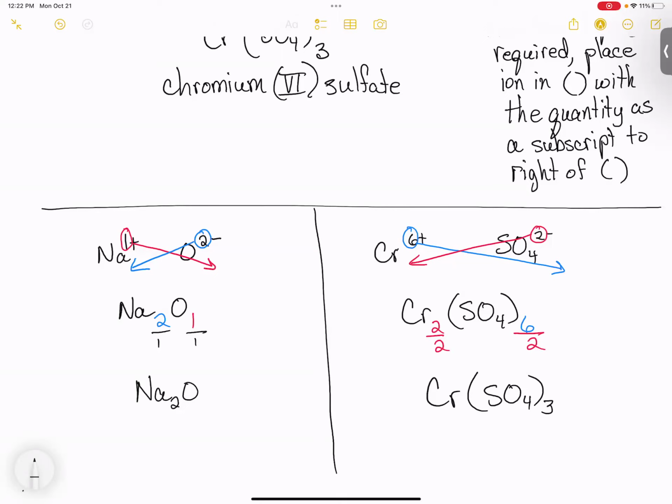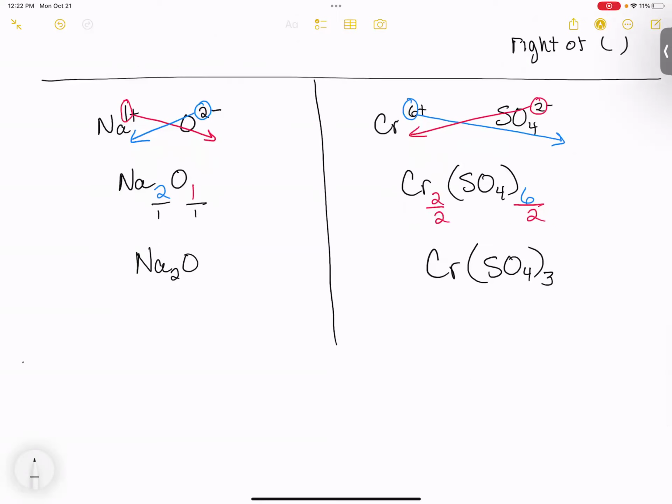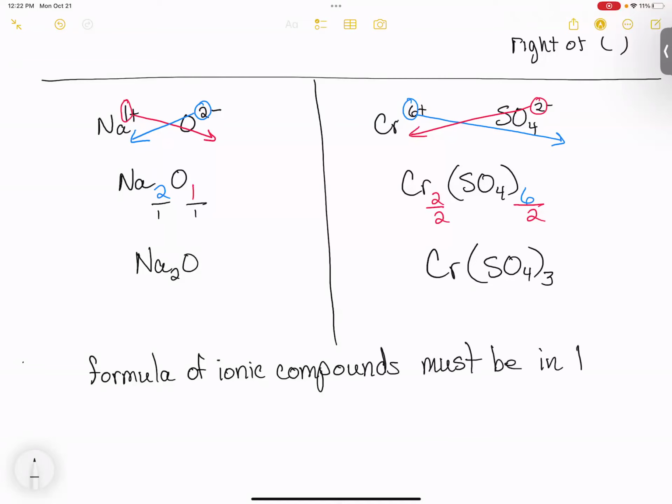So again, the reason we're doing this is that the formula of an ionic compound must be in the smallest whole number ratio possible.